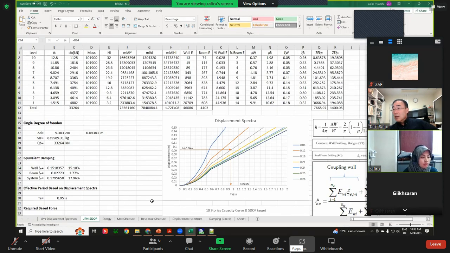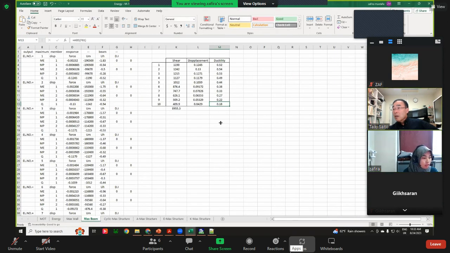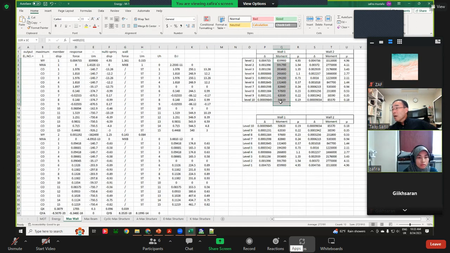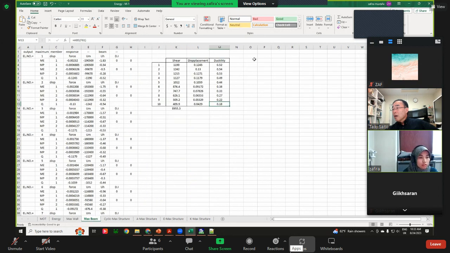For example, this is output from the analysis: moment 1 plus moment 2, and then this axial force Q times L. Okay. Maybe. Yeah, I will calculate later and show you.